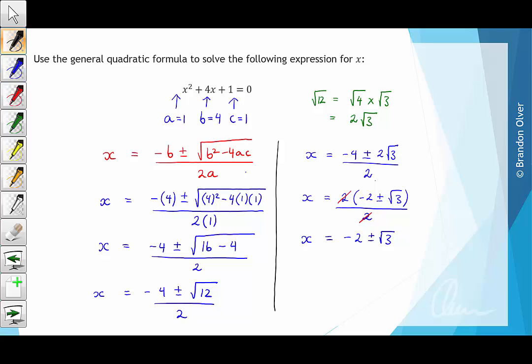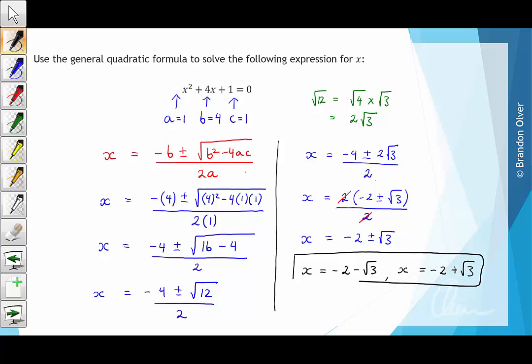So taking into account the plus or minus, we can write x is equal to minus 2 minus root 3, and x is equal to minus 2 plus root 3. And they are the solutions for this quadratic equation, and they also correspond to the x coordinates of the x-intercepts if this was graphed.